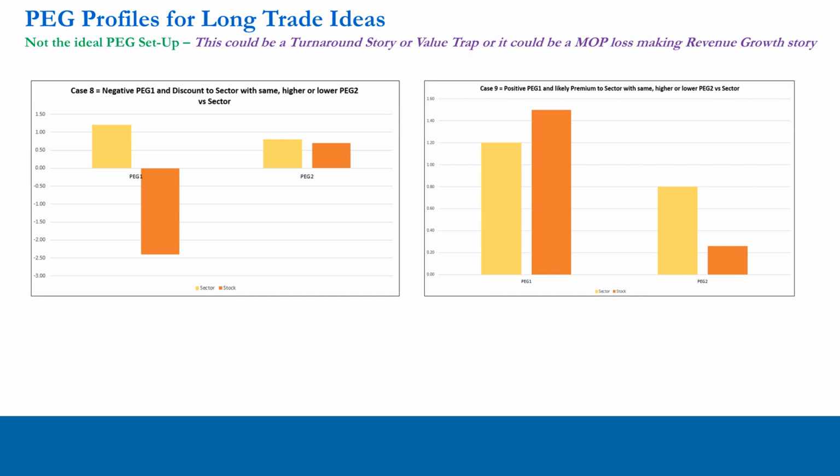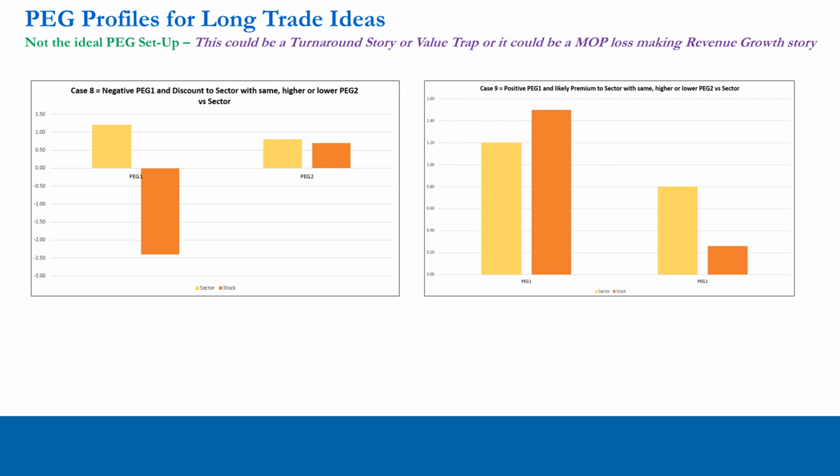So we're looking to see evidence when we move from period 1 to period 2, where in period 1 we have a situation, whether it's case number 8 or case number 9, where the PEG is not really reflective of reality and doesn't really tell us much, where we're moving from this to a period 2, where the PEG ratio becomes somewhat normalized.